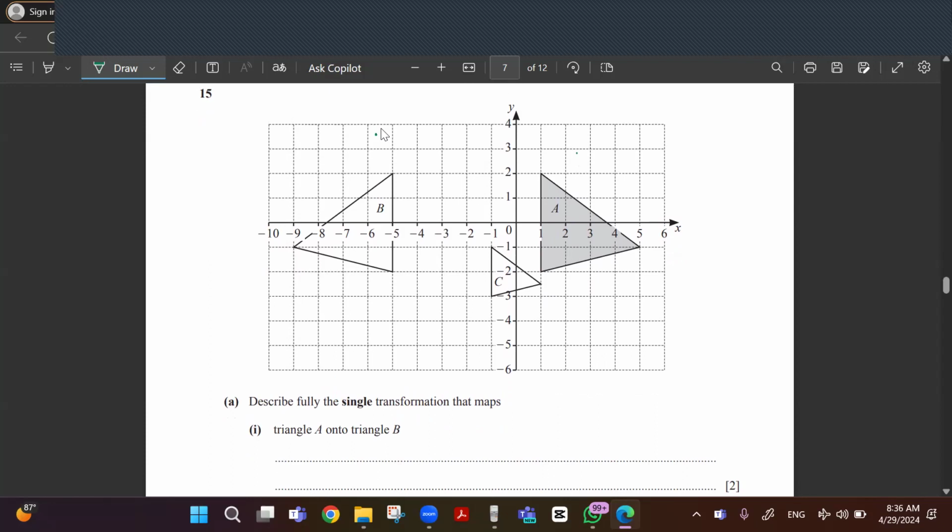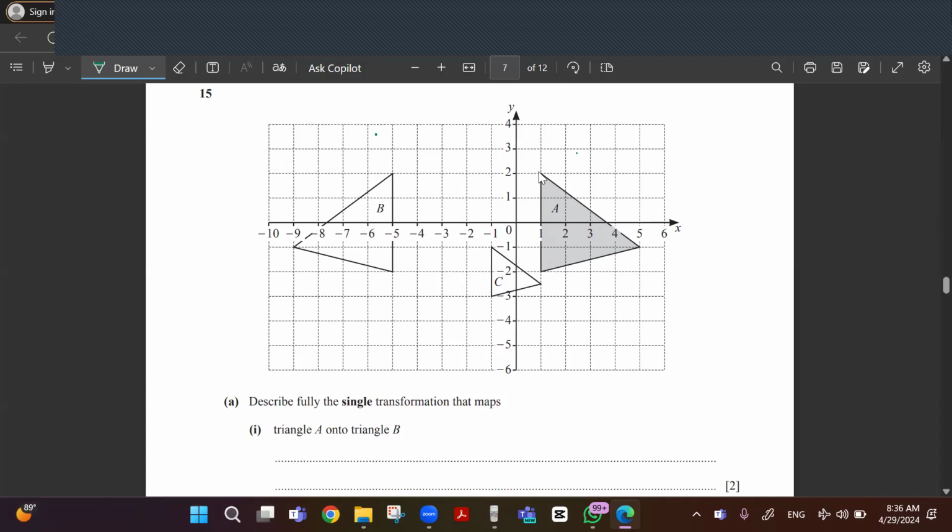It is the same size, so it is not enlargement. As we see here, triangle A is identical to triangle B, but it is reflected. Where is the line of reflection, or where is the axis of reflection? It is between them here, okay?